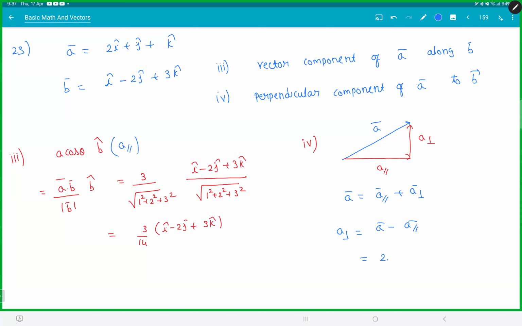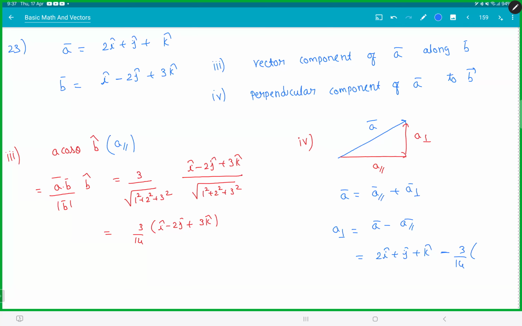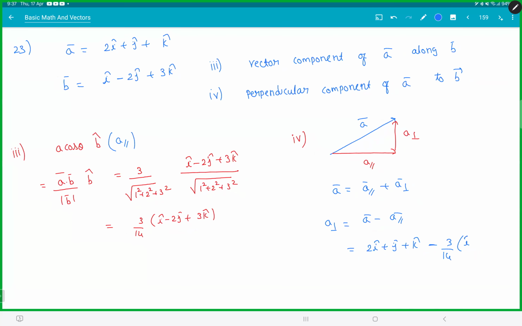What is a bar? 2i minus j plus k, minus what is a parallel? 3 by 14, i minus 2j plus 3k. Done. No need to remember any formulas. You know already how to find the parallel component. Find it and subtract it from the main vector. You'll get the perpendicular.